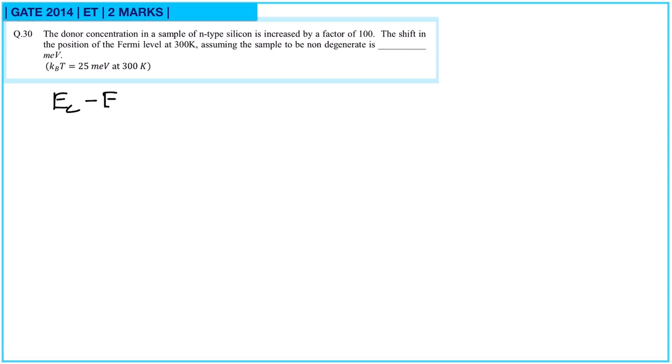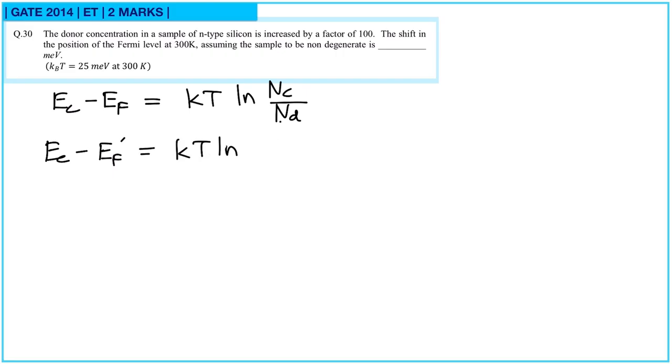Now Ec minus Ef is equal to Kbt ln Nc by Nd, where Nc is the concentration in the conduction band and Nd is the donor concentration, and Ec minus Ef dash. Let us assume that this is the level after increasing the factor by 100. So this will be Kt ln, and in place of Nd we will write 100 into Nd. So Nc upon 100 Nd.